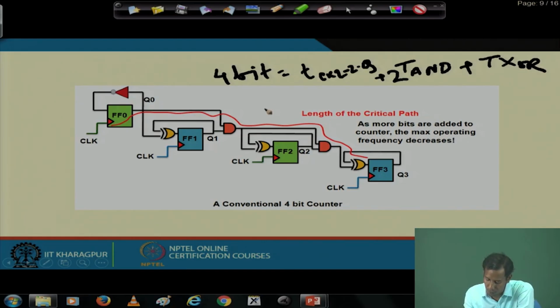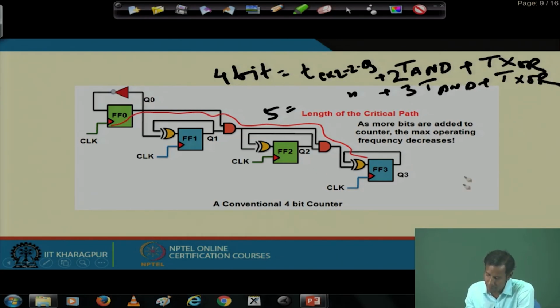For 5-bit, it will remain the same, plus it will be 3T, plus T XOR. In the same manner, if we increase the number of bits of this counter, the number of AND gates will increase.